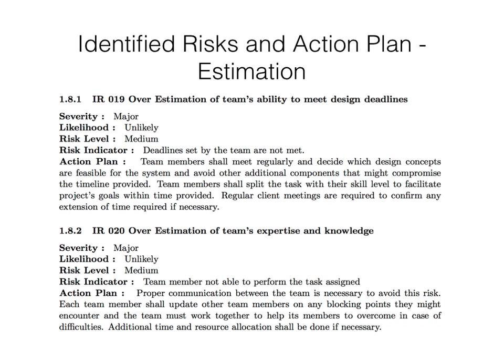How to avoid this risk is to have proper communication within the team, so that if one team member is unable to do the task or doesn't have the expertise, the other team members can help to clear any blocking points that the team member may face. There might be some blocking points that the team must put all their time and resources together to clear. Additional time and resource allocation should be done if necessary.